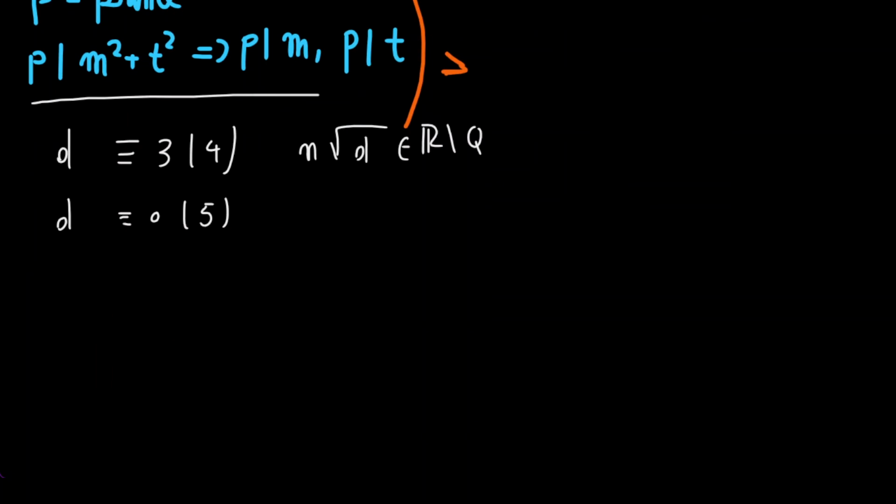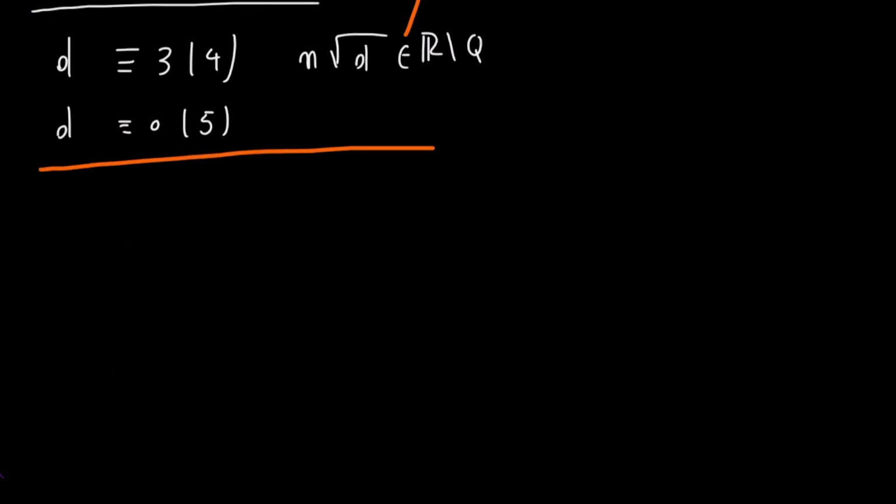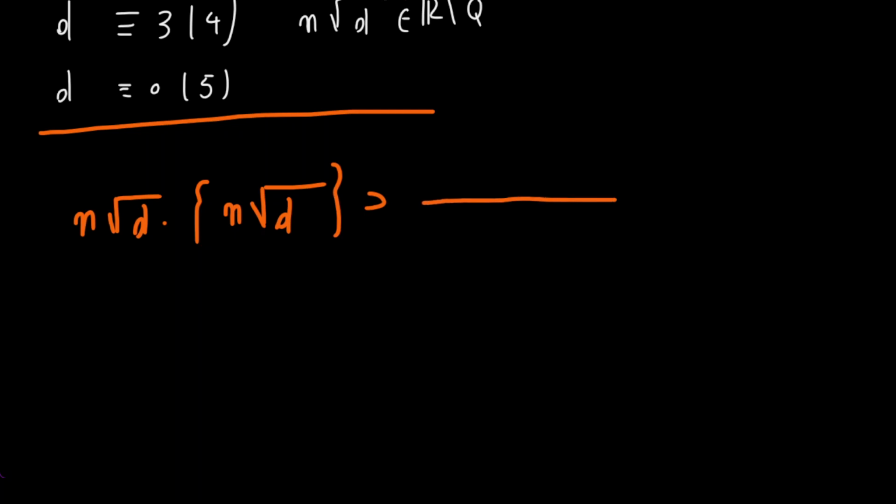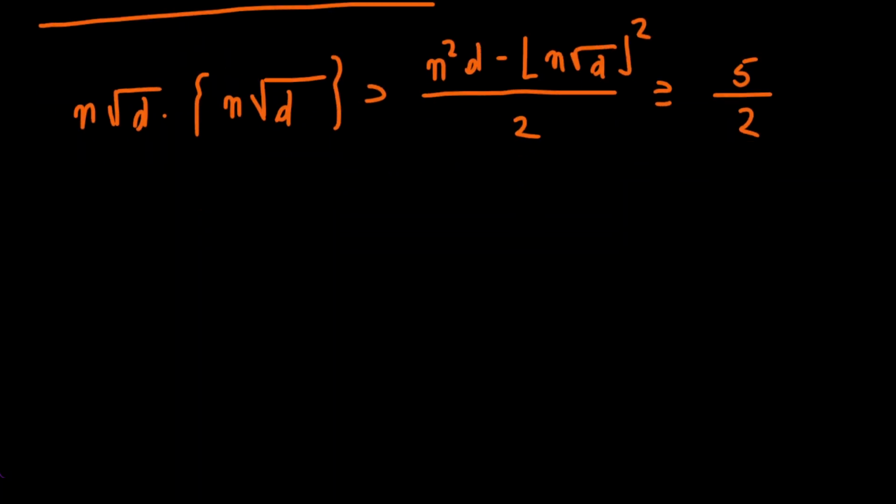Right now, with this condition, we can say something like this: we have n square root of d times the fractional part of n square root of d is bigger than n squared d minus the floor function, over 2, which right now we can write with equality as 5 over 2. So we have to prove that this stuff happens.